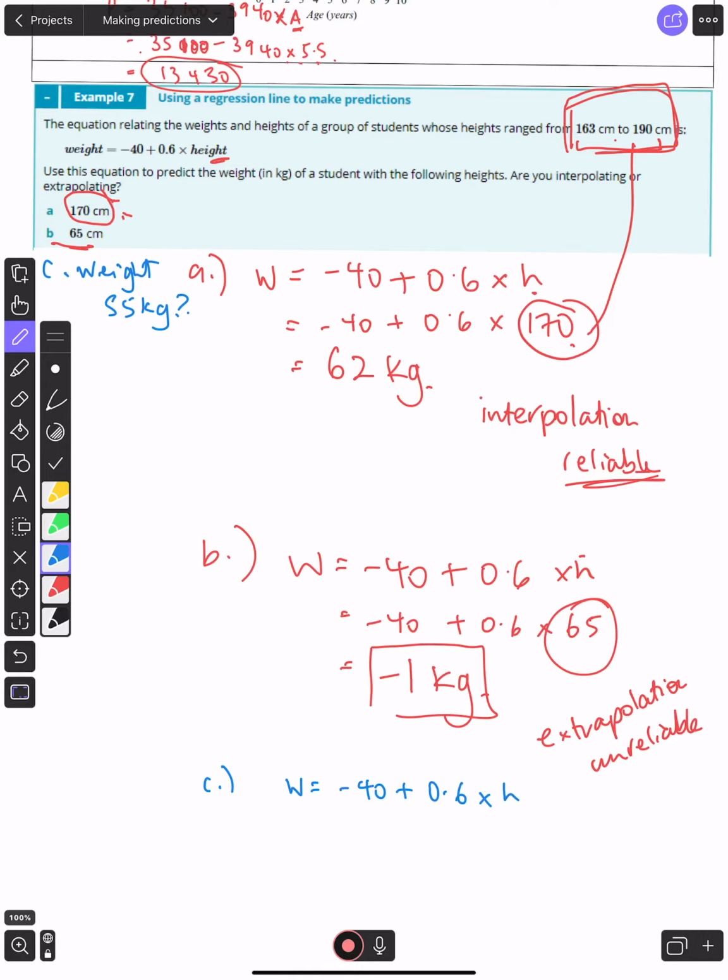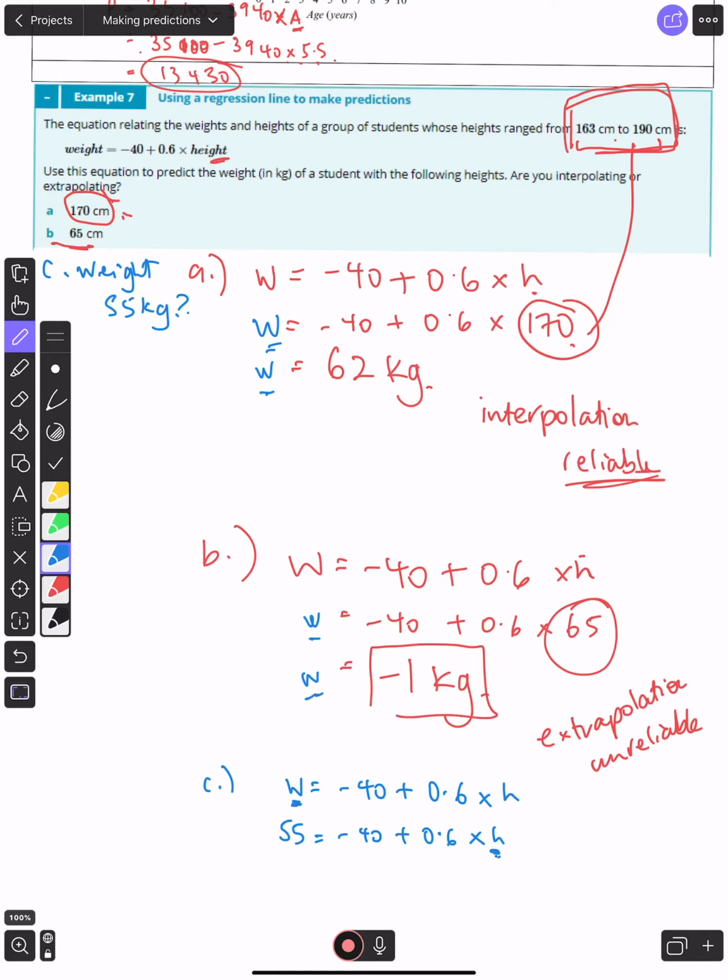Now this time I have been given the weight of 55 kilograms and I want to predict the height. So I have 55 kilograms equals negative 40 plus 0.6 times the height. And I'm solving for my unknown here, which is the height. So these ones before, I was solving for weight. Now I have the weight and I'm solving for height.